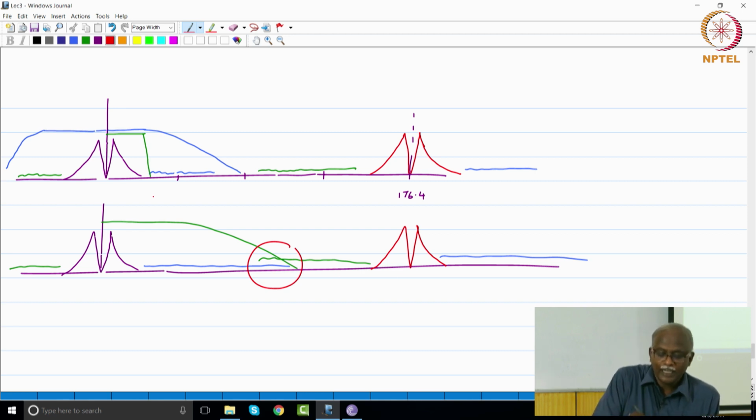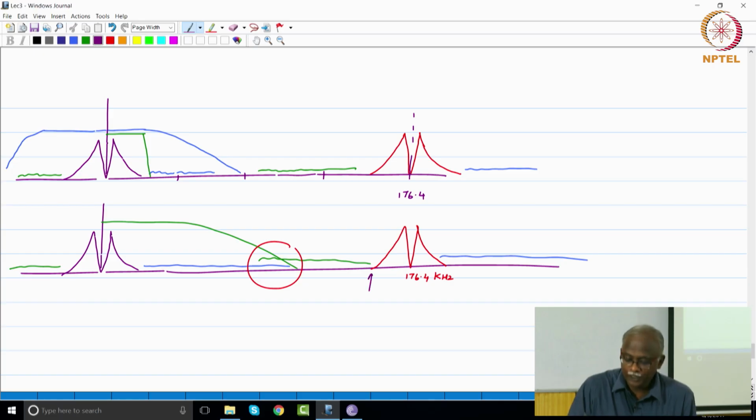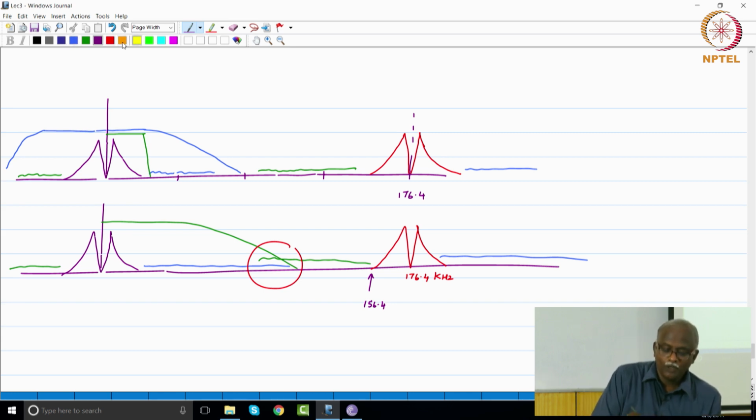It turns out that I can go all the way up to, if this is 176.4 kilohertz, this edge will be 20 kilohertz away, 156.4. It turns out that I can go all the way up to 156.4.